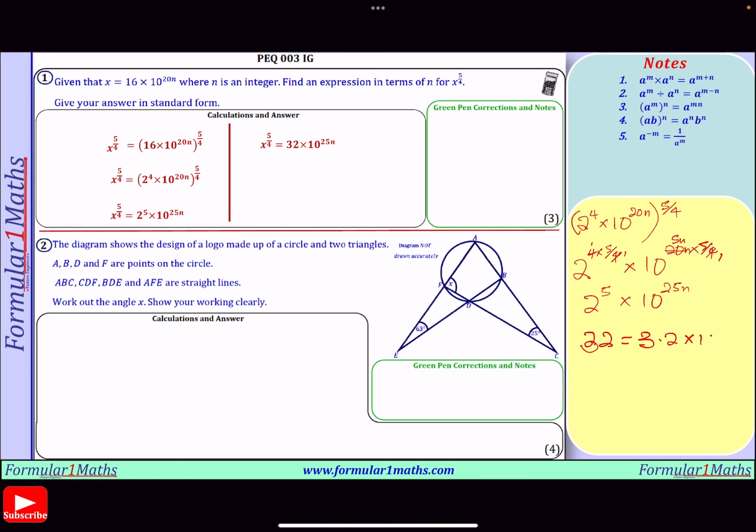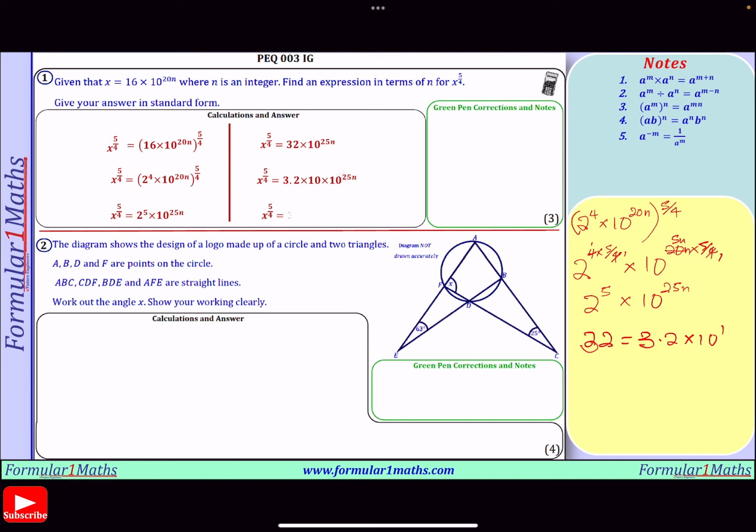3.2 times 10 to the power 1. So we can now replace 32 by 3.2 times 10 to the power 1, and we are going to get this. There's a power of 1 here, so we can now simplify 10 times 10 to the power 25n using the laws of indices, and on this occasion, rule number 1, and that means we are going to write 10 to the power of the sum of 1 and 25n.